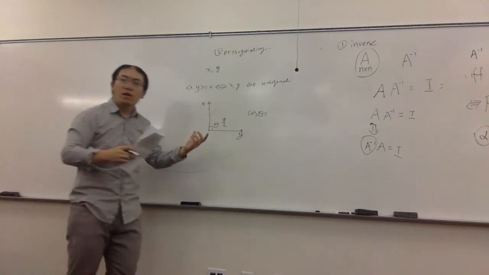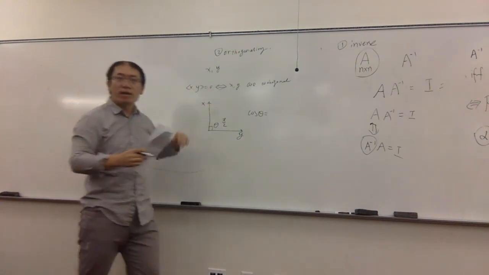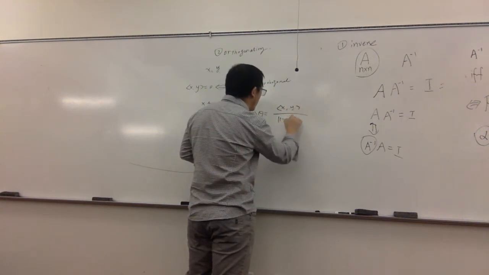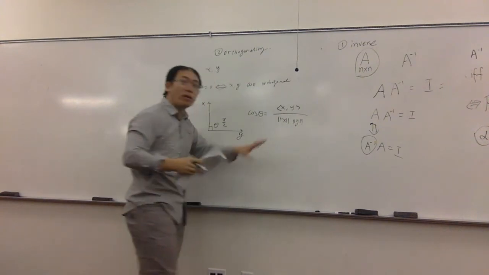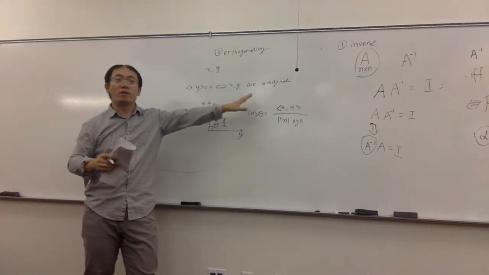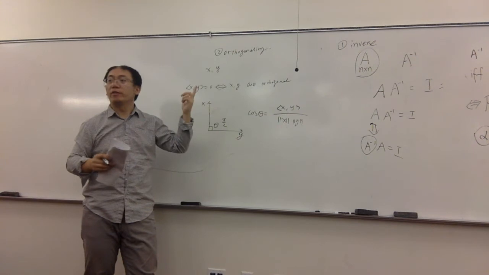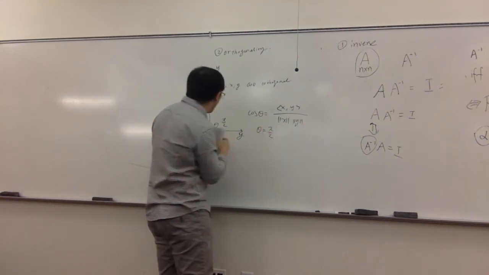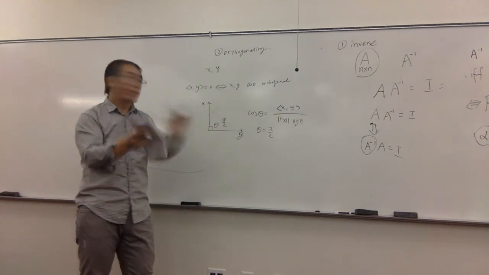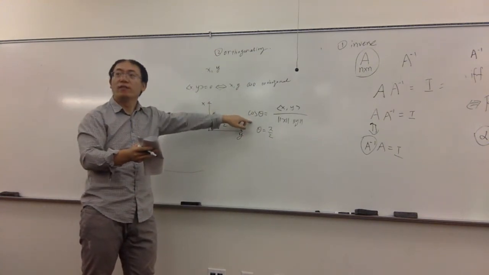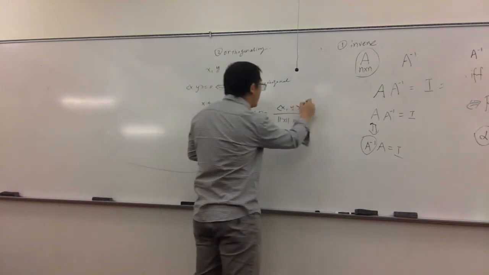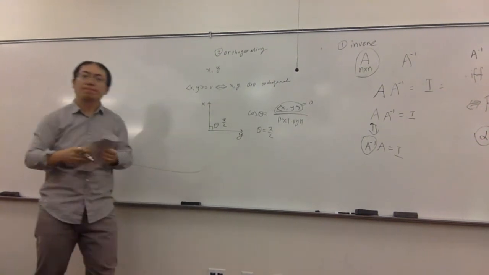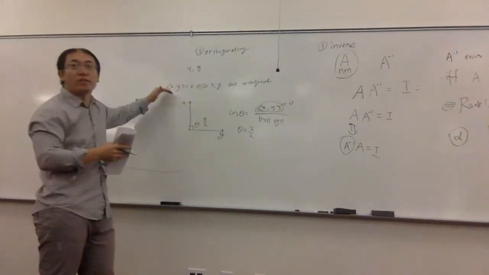The cosine of the angle is the inner product between x and y divided by the norm of x and the norm of y. Here we're talking about non-zero vectors. If there are zero vectors, it's not meaningful. If theta is pi over 2, the two vectors are perpendicular, the cosine theta is 0, and that means the inner product is 0. Then we say the two vectors are orthogonal.